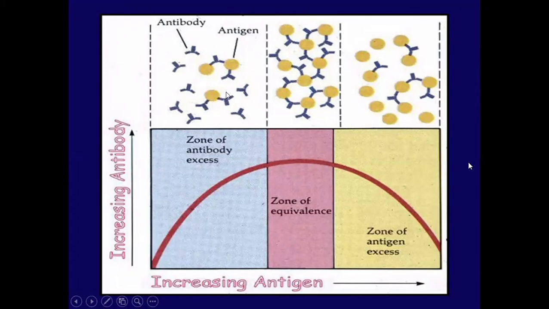So this is your pro zone. There is an excess of your antibodies compared to the available antigen. Then there would be an equal interaction of your antigen and antibody, so you will now enter the zone of equivalence.